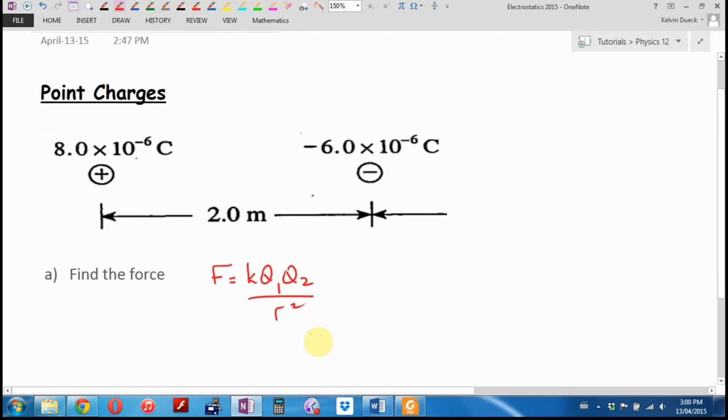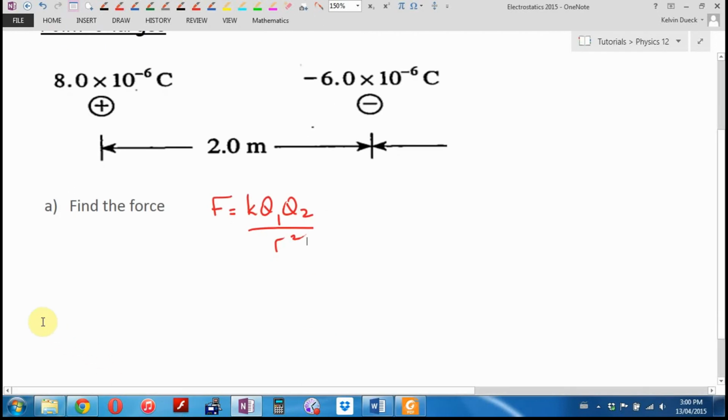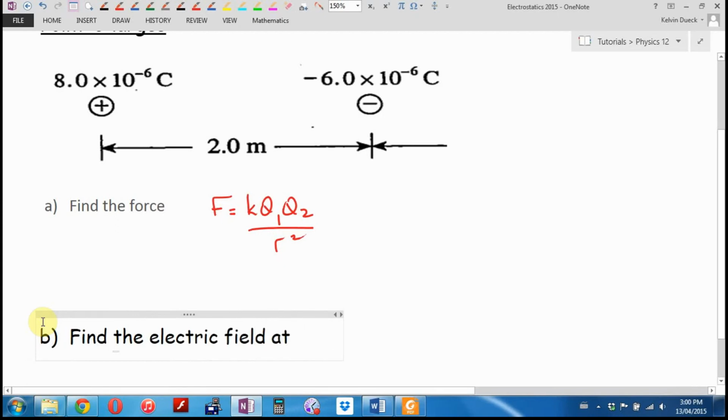Too easy. Instead, almost certainly I'm going to say, where is X? How about let's put location X right there, where this is 0.6 meters.